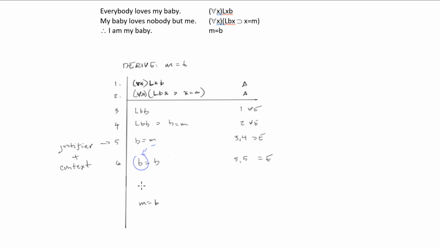And then, of course, we keep the other B right where it is. So this becomes line 7, and it comes from lines 5 and 6, identity elimination. So we just work the proof a little bit differently. It's actually one step shorter to do it this way. We do not appeal to the rule identity introduction at all.